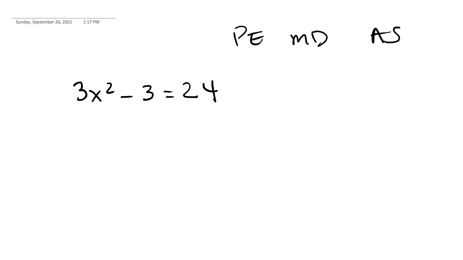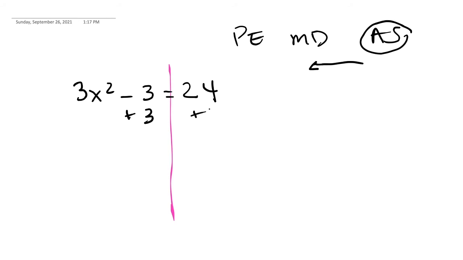Let's see if that comes out evenly, I hope. I'm going to ask, do I have any addition or subtraction? We're going to go PEMDAS from right to left. And I do, so I'm going to do the minus 3, and do the opposite of minus is plus. 3x squared I'll copy down, equals 27.